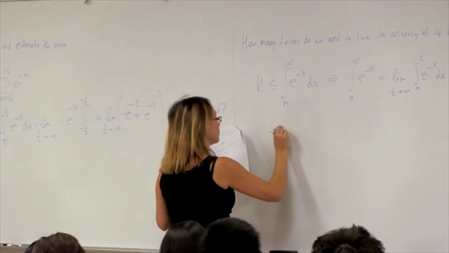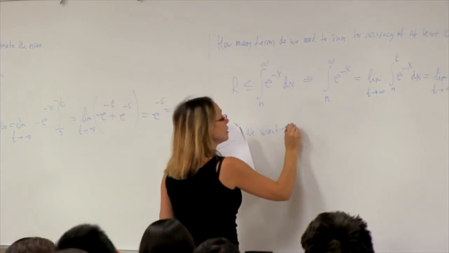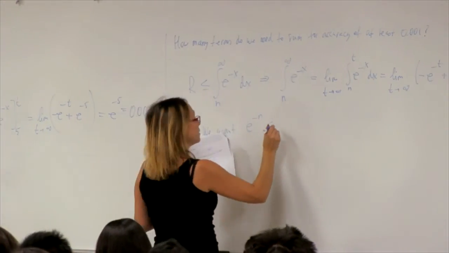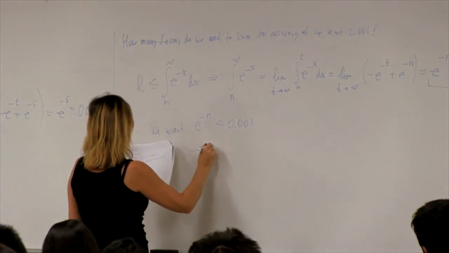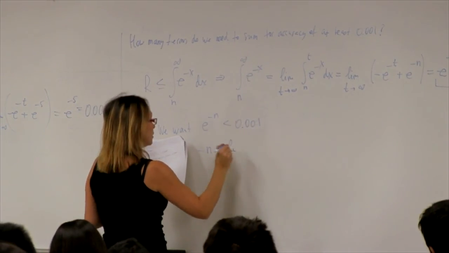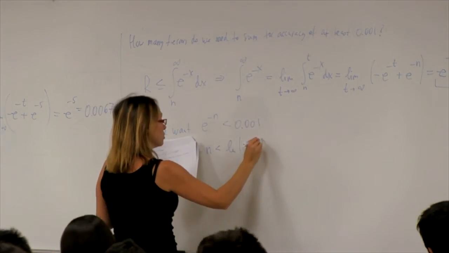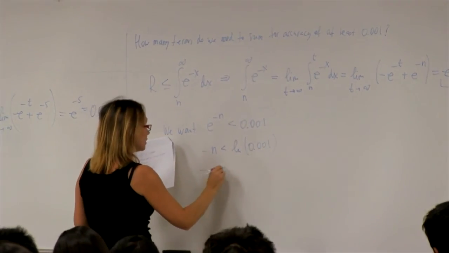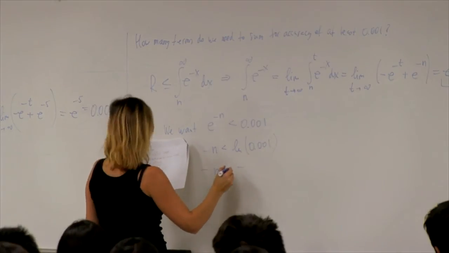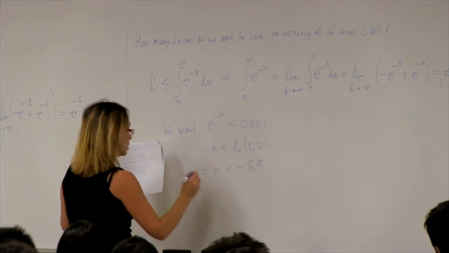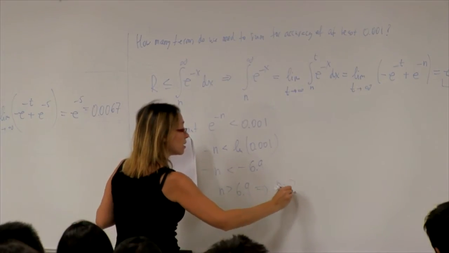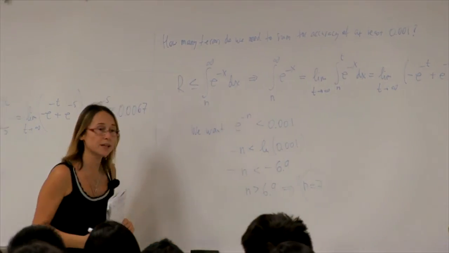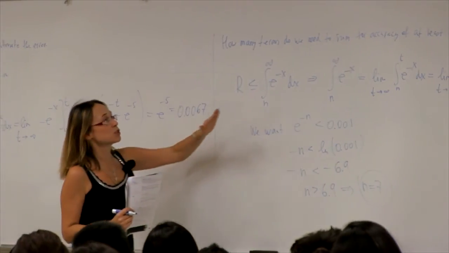So we want e to the minus n to be less than 0.001. I take the log, I get minus n is less than the log of 0.001, or minus n is less than minus, I calculated this at home, 6.9, or n is greater than 6.9. So 7 terms would be enough to calculate this with a precision of 0.001.